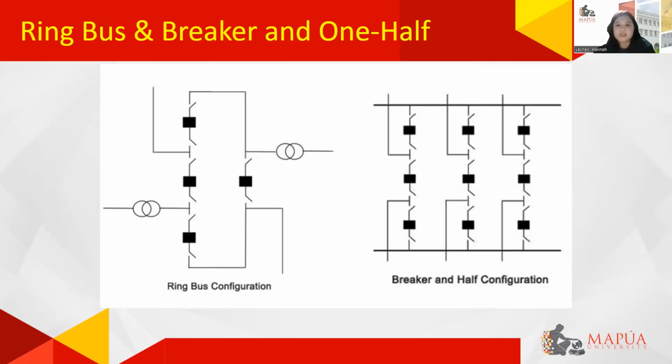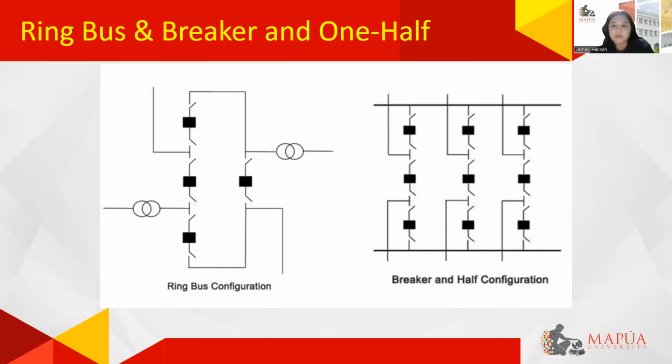All configurations provide respectable operation services that are suitable for usage in a designated bus, and most of the listed benefits are shared by both configurations. Both breaker and 1/2 and double breaker double bus have a relatively high cost, unlike the ring bus.